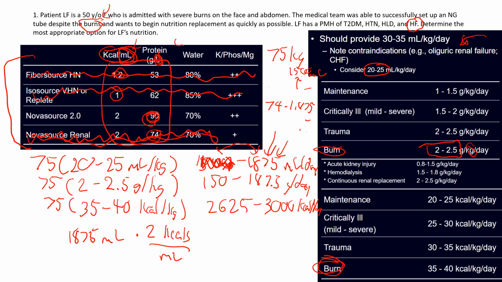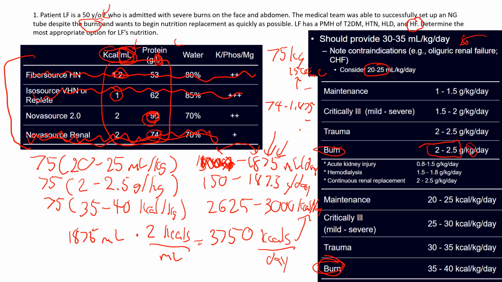When we do this, we actually get a total of 3750 kcals per day, which is not ideal, because we wanted our max to be 3000.